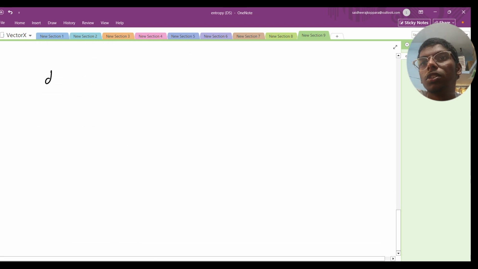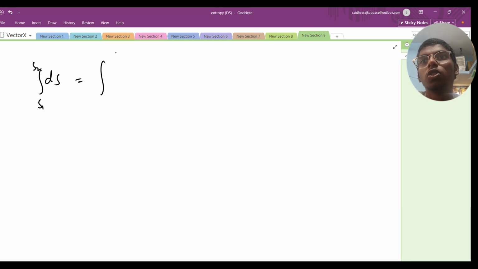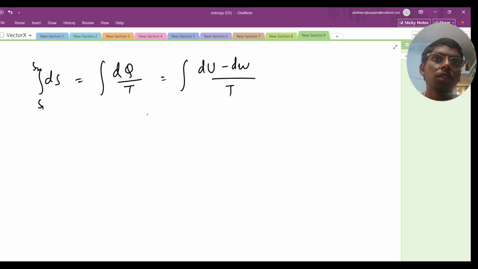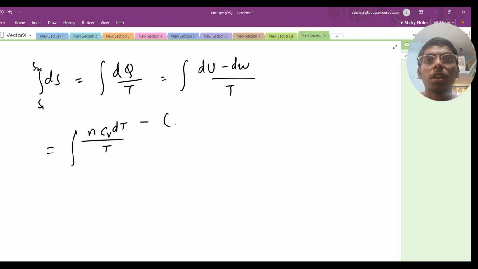Okay, so while integrating dS from S1 to S2, it's simply dQ by T, right, which is the integral of dU minus dW by T, which is again the integral of nCv dT by T minus of minus nRT by TV dV.